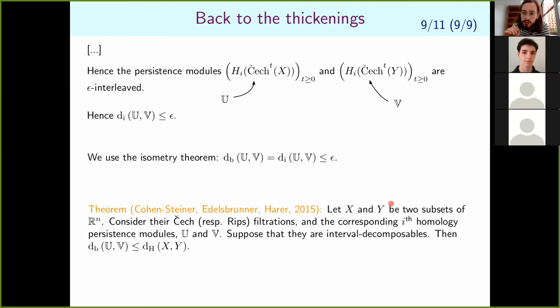Consider two subsets of, so this is a version of the theorem. Consider two subsets of the Euclidean space, build their Čech filtrations, build the corresponding persistence modules, okay? Suppose that they are interval decomposable, then the bottleneck distance between the persistence modules is smaller than the Hausdorff distance between the sets.